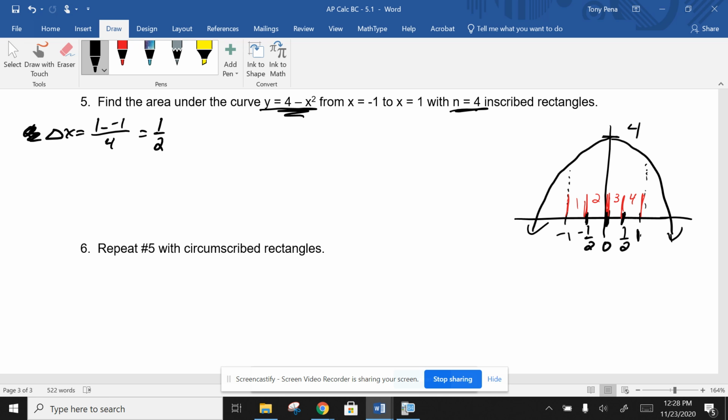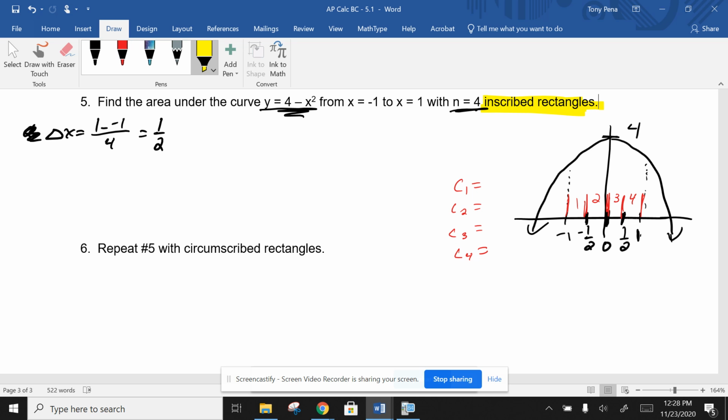What I want you to do real quick, because there's 2 ways people mess this up. They plug it into the calculator wrong, or they pick the correct or incorrect values where we're going to touch the curve. So draw those 4 rectangles in. And the important part is, where do we want those rectangles to hit the curve so that they are inscribed rectangles?